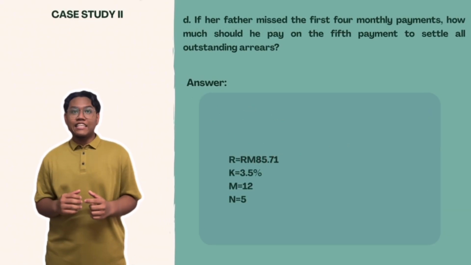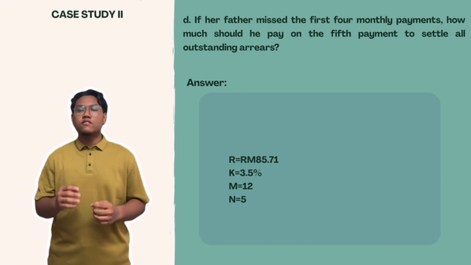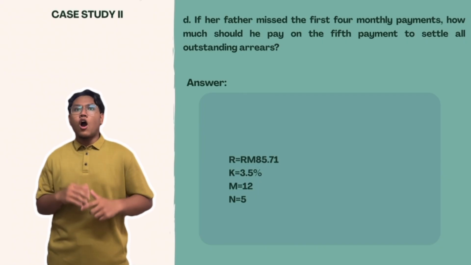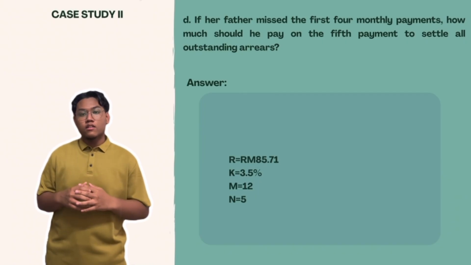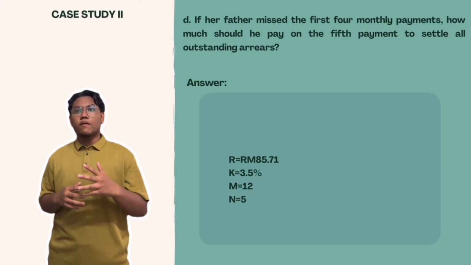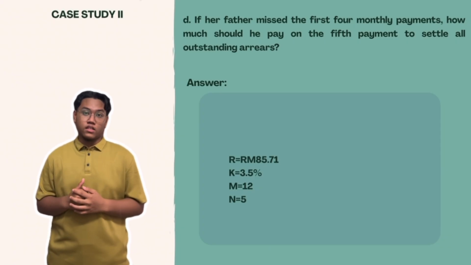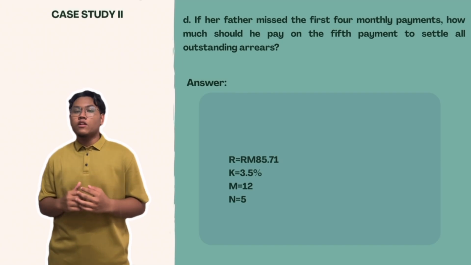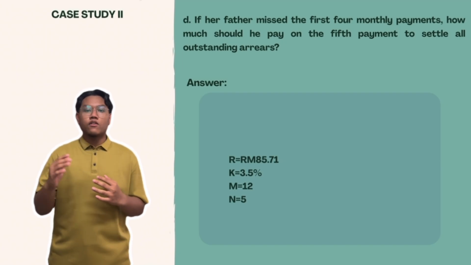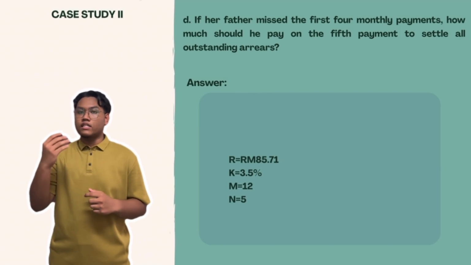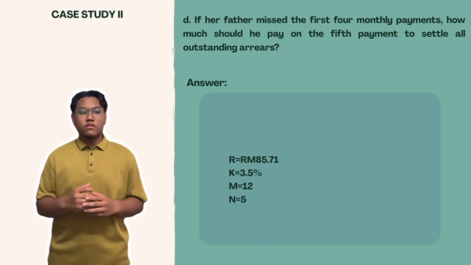Okay, for question D, if her father missed the first 4 monthly payments, how much does he need to pay in the fifth month to settle all the outstanding arrears? For this question, we first need to take out all the information given in the question, so it is going to be like this.